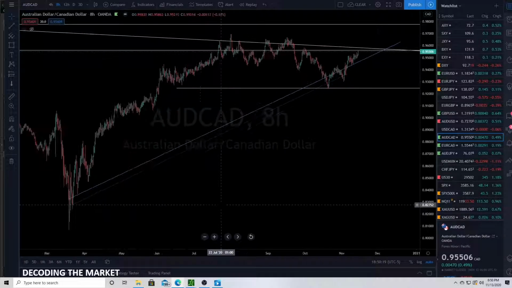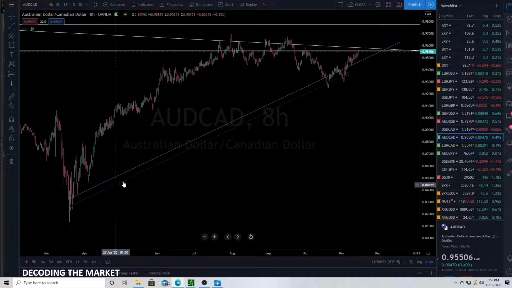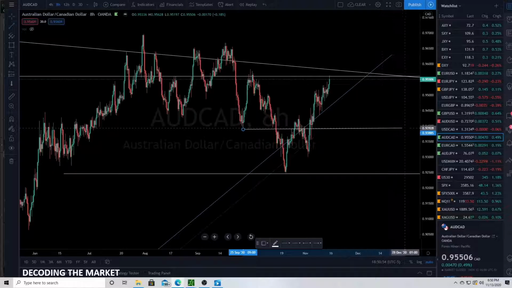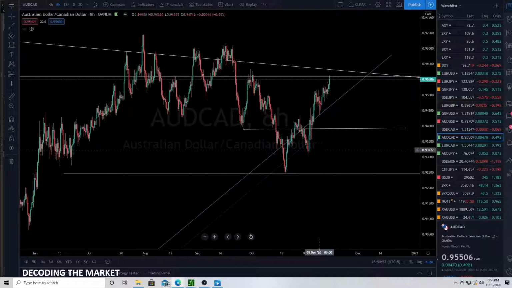Australian dollar, Canadian dollar: as long as the price is above this trend line, we consider that the price is in an uptrend. Actually it is, but if it drops below this trend line, we consider that the Australian dollar is going to have a little trouble and go to the downtrend and test this support level right up here, but not for now.